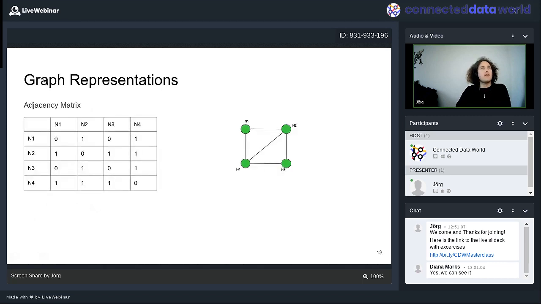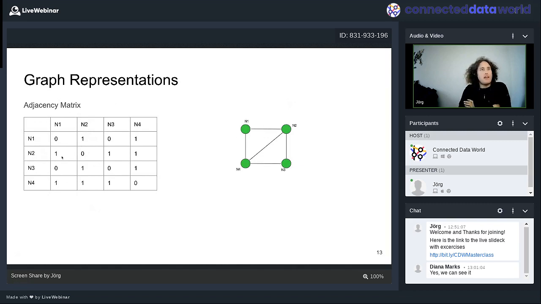An adjacency matrix is basically, if n is the number of nodes, an n by n matrix where we have a 1 if those two nodes are connected. For example, here N1 is connected to N2, and N2 is connected to N1.